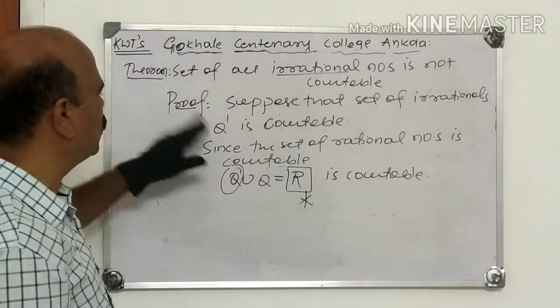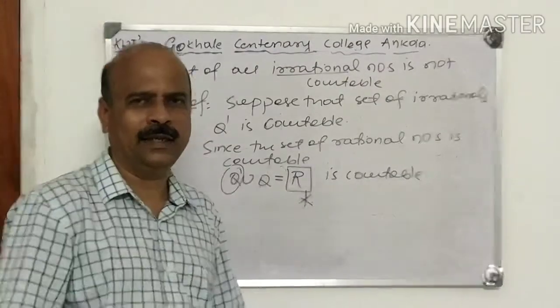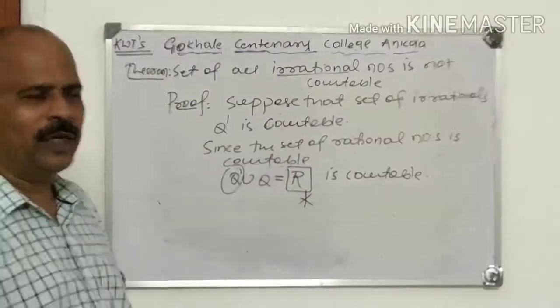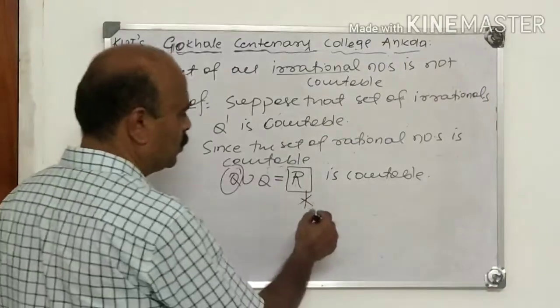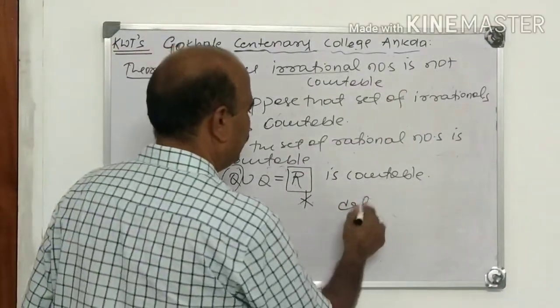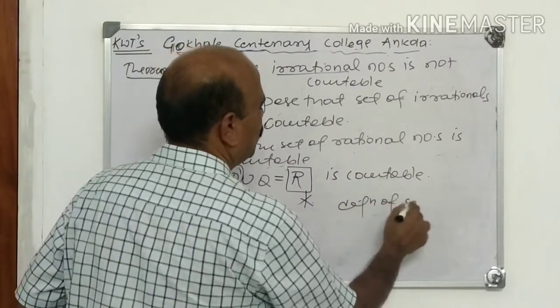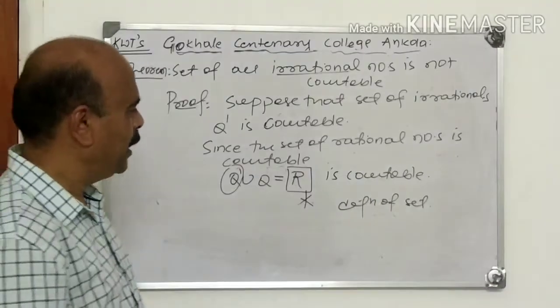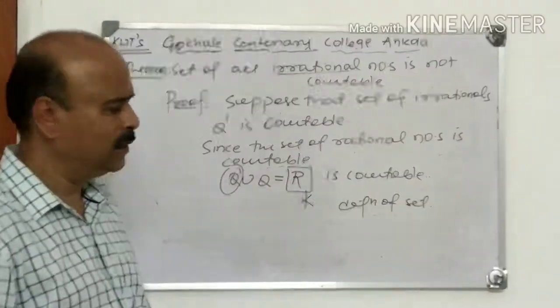These are some results on set theory. So in all these videos, I think there are 15 videos. In all these 15 videos, from the first video, I started with the definition of a set. Then, what is a relation, and different types of relations.